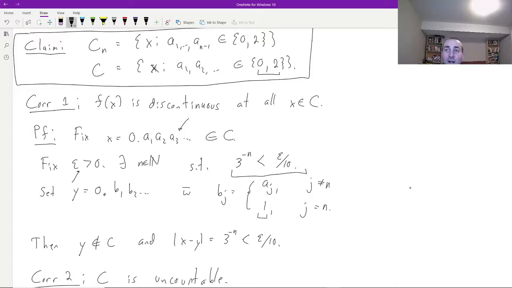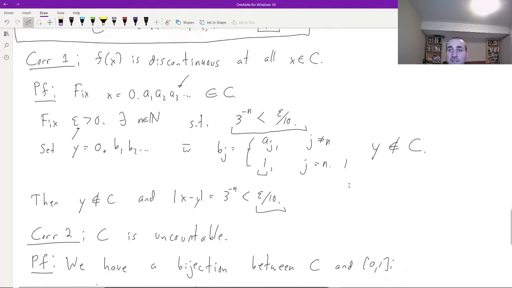So because y has an element besides 0 and 2 in its ternary expansion, we know that y is not in C. On the other hand, the only place where they disagree is in the nth coordinate, and so the absolute value of x minus y is exactly 3 to the minus n, and by assumption, that's less than epsilon over 10. Okay, so f is discontinuous at x because I found a point y that's very close, for which the absolute value of f of x minus f of y is equal to 1.